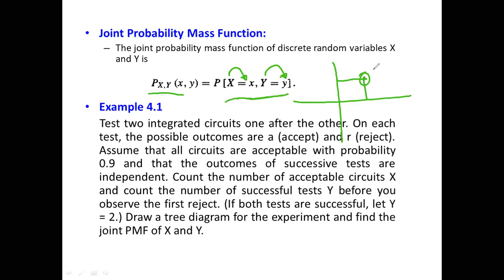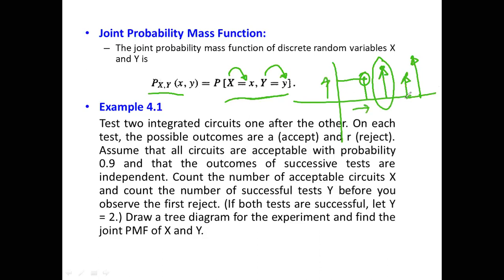Say for example, we are having 3 points. This point is having some probability like this, this is having some probability like this, and this is having some probability like this. Now the thing is, that particular point's probability is determined by the x value and y value.